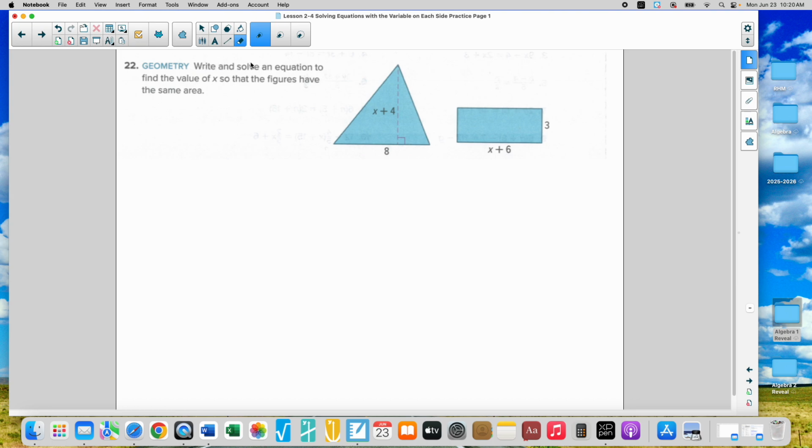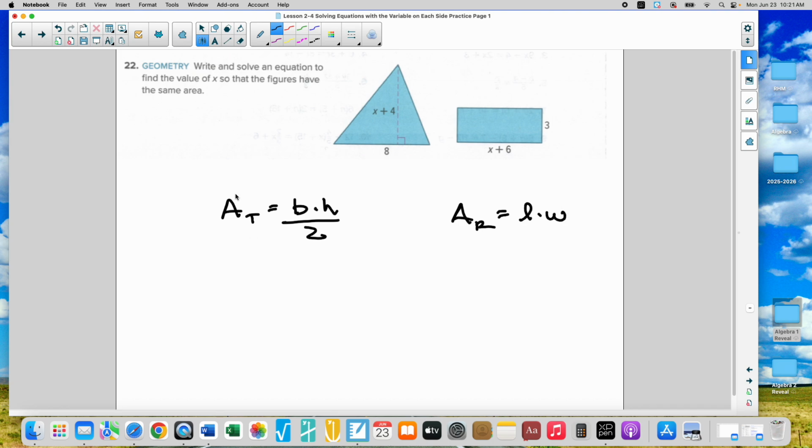22, geometry. Write and solve an equation to find the value of x so that the figures have the same area. The area of a triangle is base times height divided by 2, and the area of a rectangle is length times width.